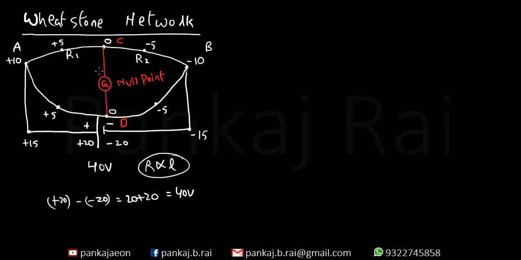But resistances are not the same. That is the thing to understand here. Let's say this is R1, R2, this is R3, this is R4. In this case I can't say that R1 is equal to R3, but what I can say is that the ratio of R1 to R2 is the same as the ratio of R3 to R4.